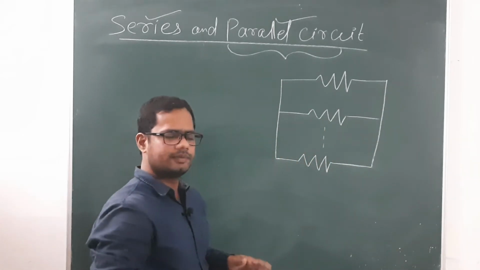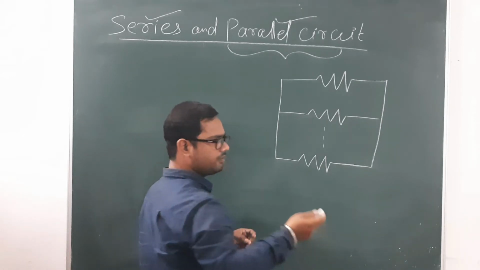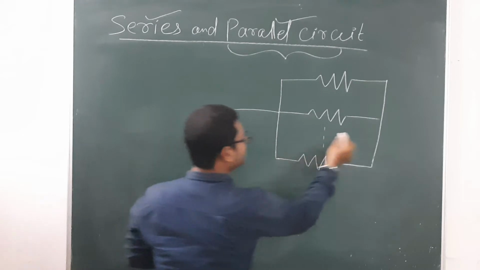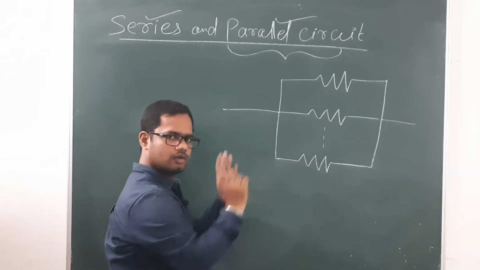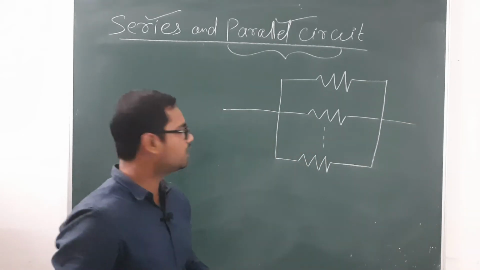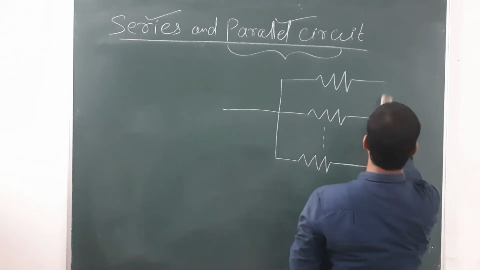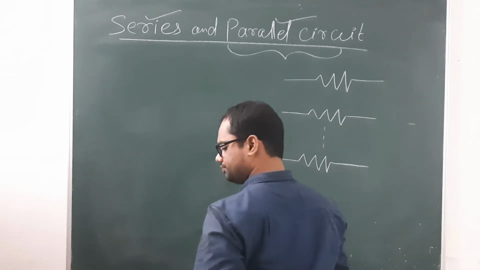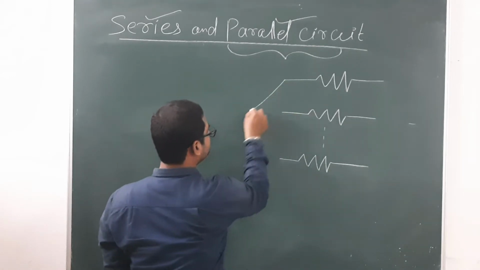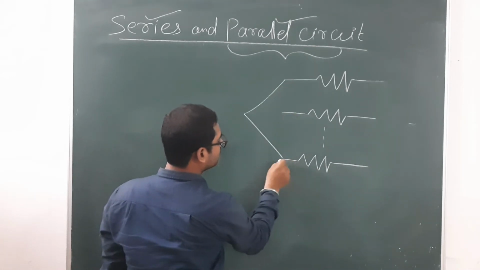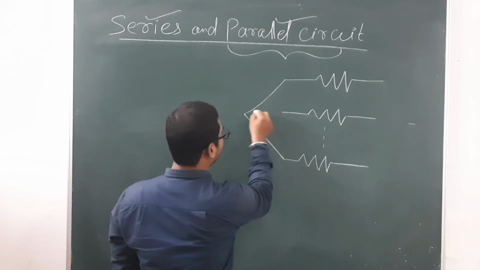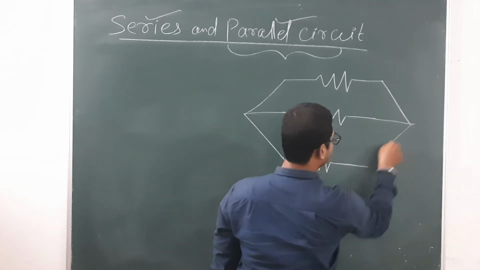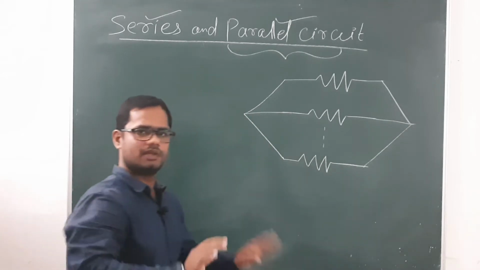In some books, if you see the diagram, it is like that also. If I say this one is parallel, it is also the same. But in some books the parallel diagrams are shown like that. Same thing.